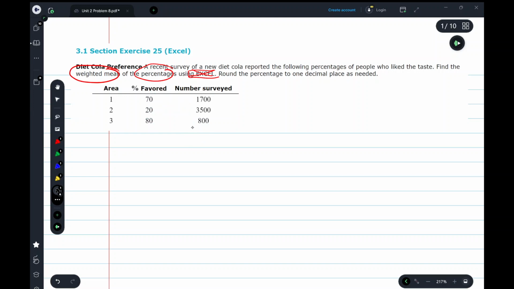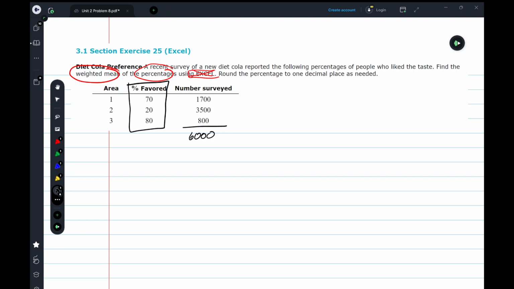Here's how it works. First thing, which we've already done, is we add up the total of the weighted portion. We're finding the weighted mean of the percentages, which means the number surveyed is my weight. The weight is the number surveyed. Here is simply how it's done.